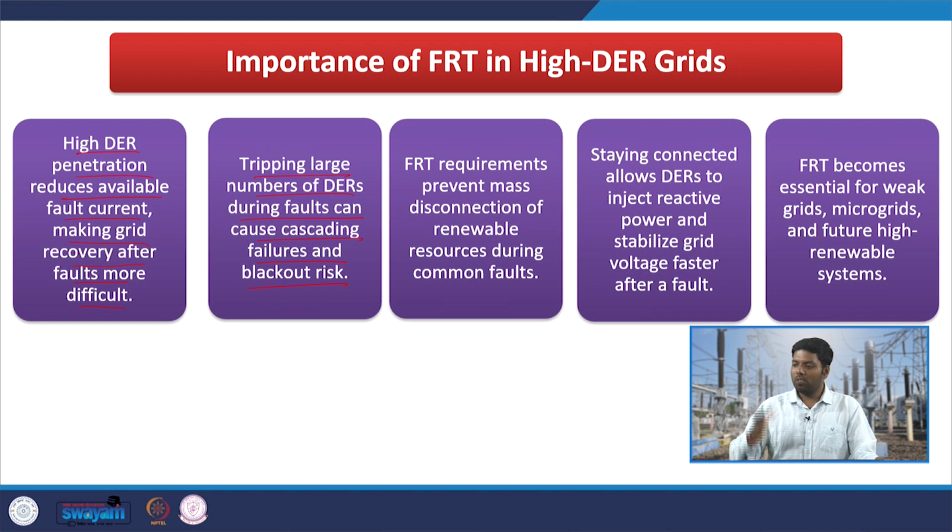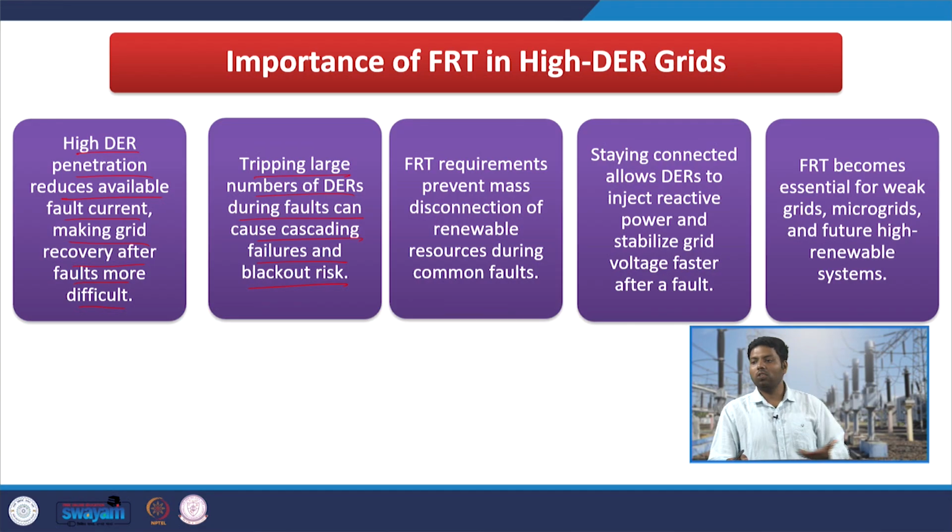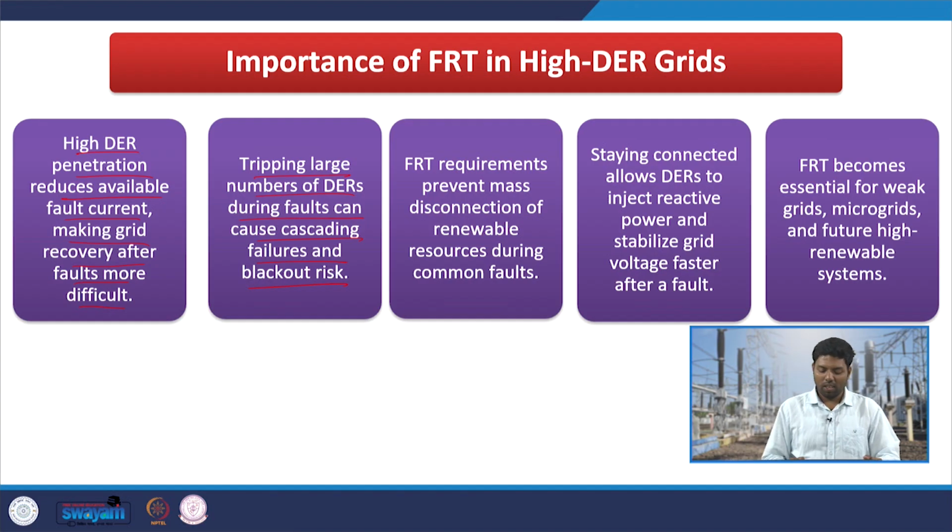That means if you cut down all the DERs together, that will cause cascading failure, because DERs give not only active power but also reactive power. So, you will lose all that reactive power suddenly and your voltage will drop again, and that will enhance your fault current from the main grid. Then that will be difficult to manage, and that will lead to a cascading failure.